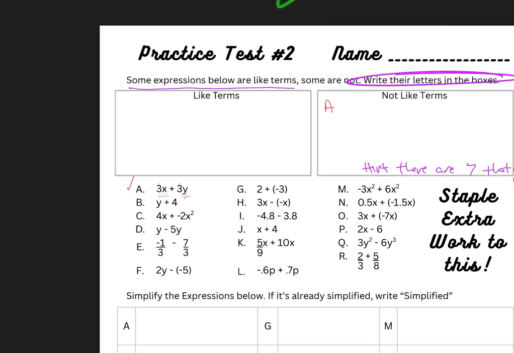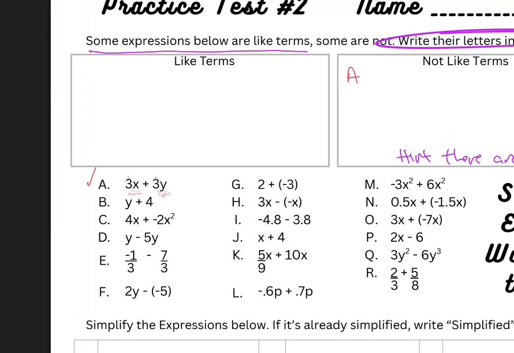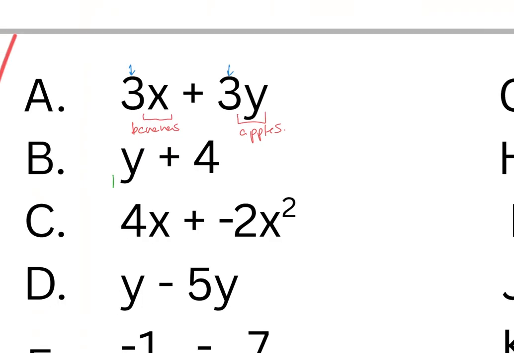Next, B is y plus 4. This is a box of I don't know how much. Let's go with monkeys this time. It's a box of I don't know how many monkeys, so I'll put monkey(s) in parentheses. But this is actually 4 monkeys right here.